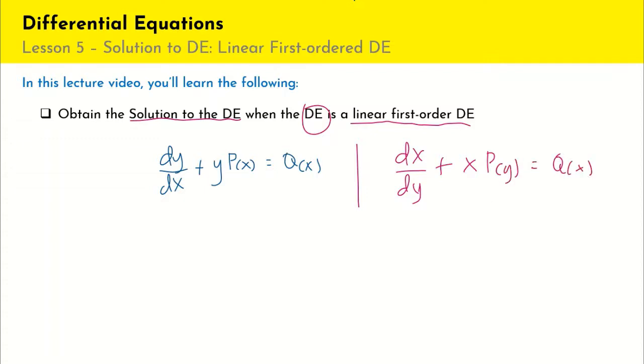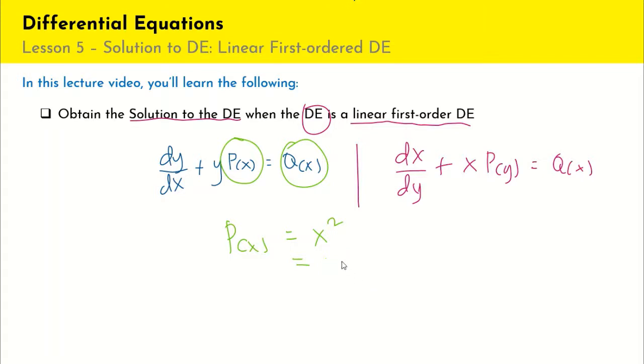Now, what do we mean by this? P(x) and Q(x) are functions or expressions that contain an x value. That means any expression that has only x in it. So, for example, P(x) is, let's say, x squared, or we can say x plus 2.